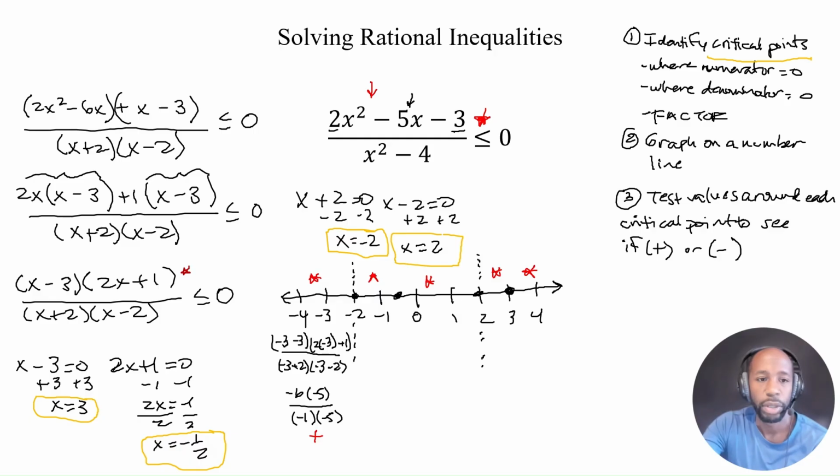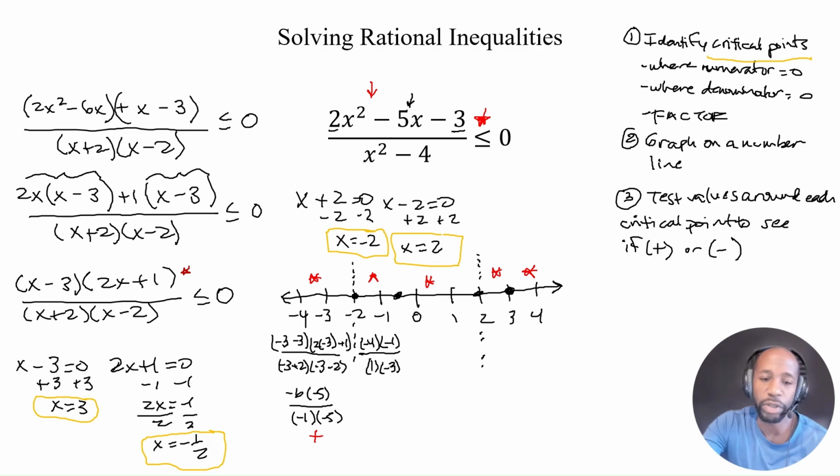Okay. Next region, to the right of negative 2, let's plug in -1. So -1 minus 3 is -4. 2 times -1 is -2, minus 1 is -3... I mean, -1 plus 2 is 1, and -1 minus 2 is -3.